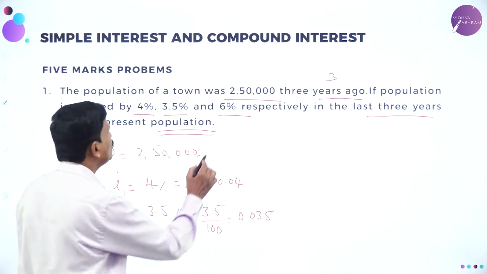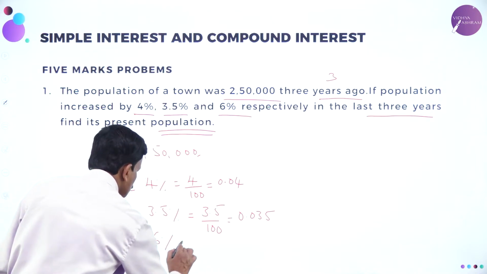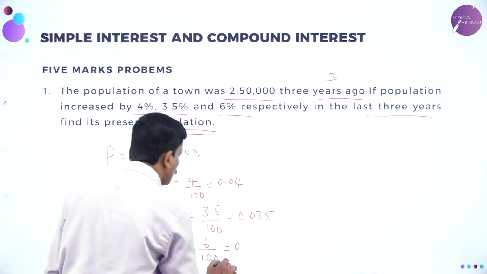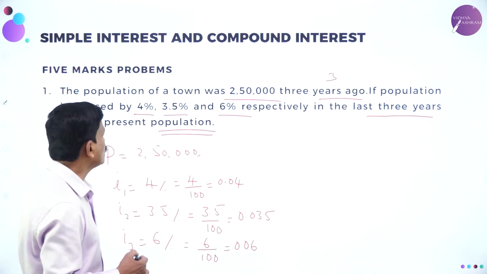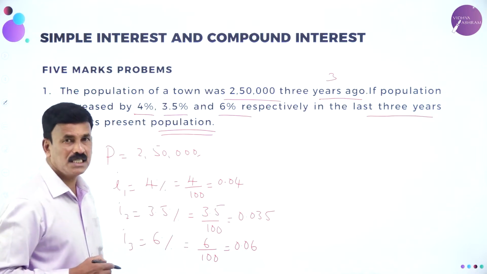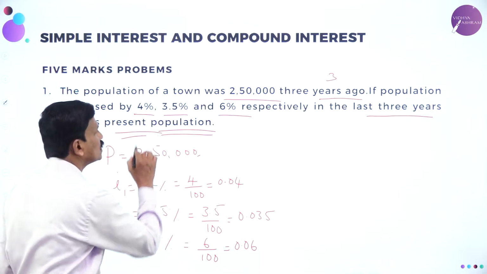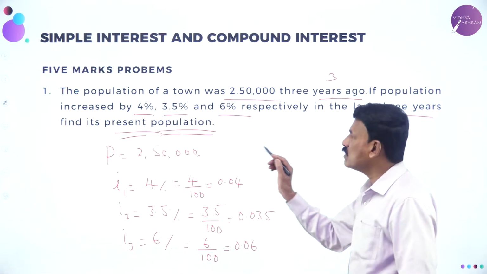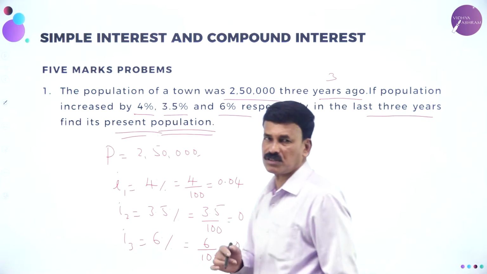And similarly 6%, that is I3 is equal to 6% means 6 divided by 100. This is 0.06. So I1, I2 and I3 for the last 3 years. So this is the increase in the population for the last 3 years. Find the present population after these 3 years. That's it. This is the given concept.